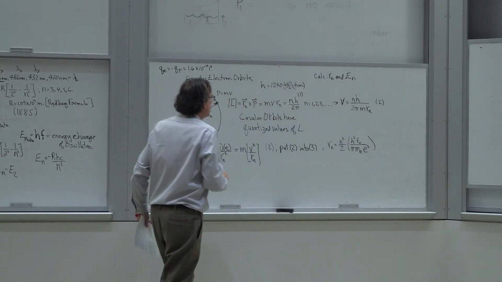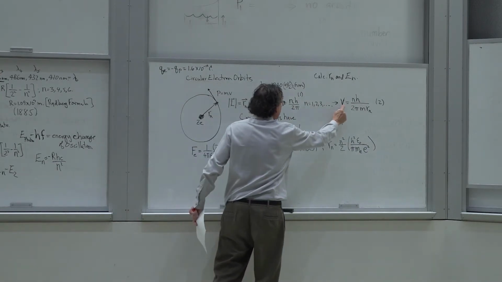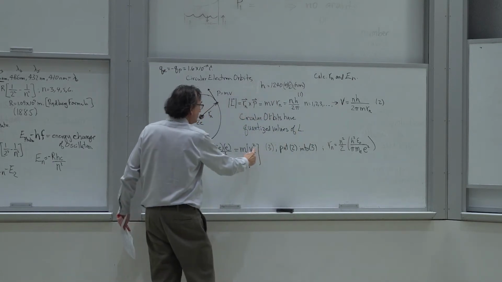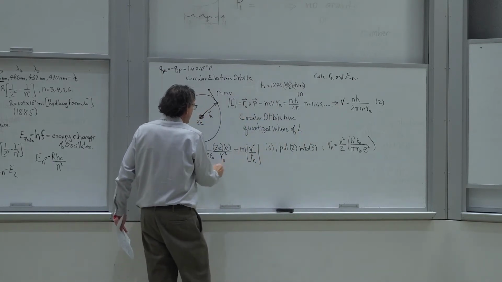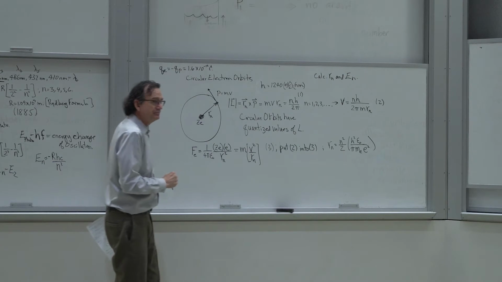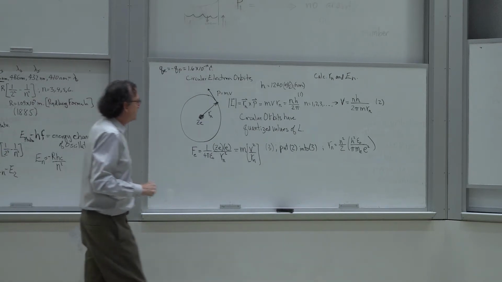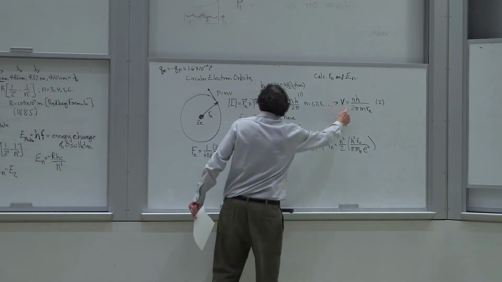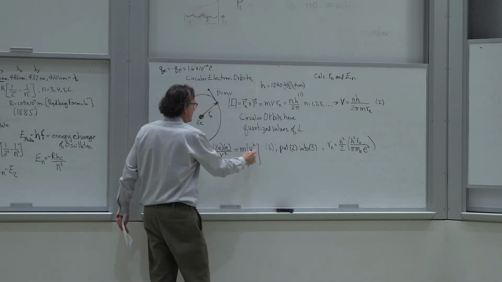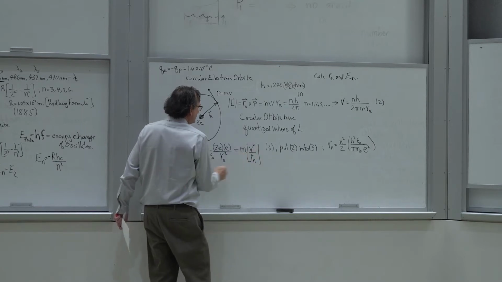I put this value of V in here and solve this equation for Rn. Take this value of V, put it in here where I have a V squared, and I solve this equation for Rn.